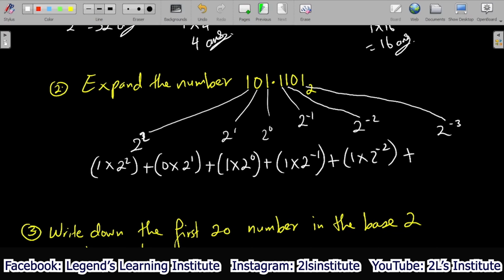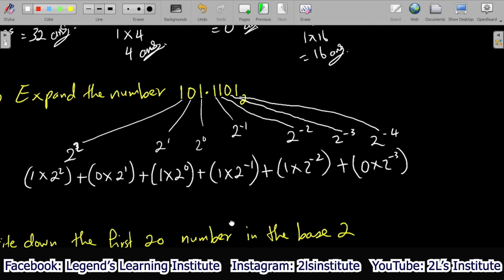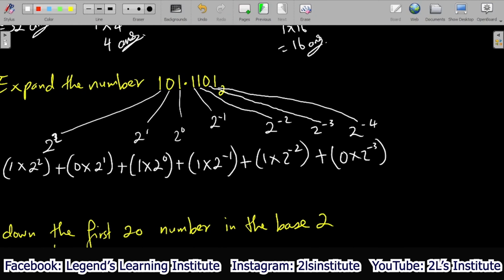And actually this here should be 2 to the power of negative 4, right? And then this 0 here is in the 2 to the power of negative 3 place, right? So 1 times 2 to the power of negative 2 plus 0 times 2 to the power of negative 3, okay, plus 1 times 2 to the power of negative 4.